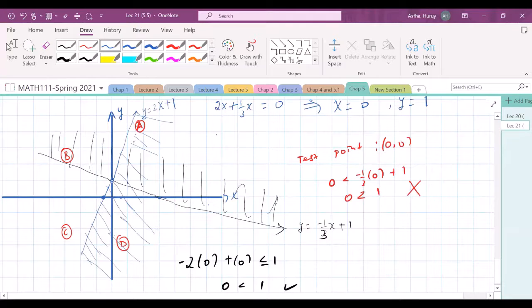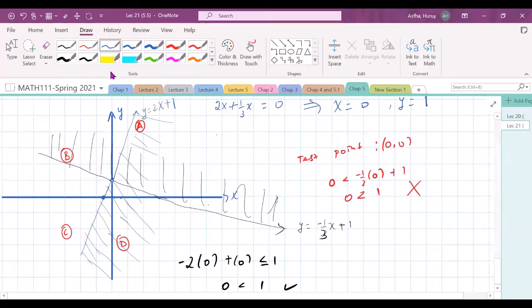Well, it's region A, because region A is a solution to this inequality, and again, region A is a solution to this one. We have B, which is a solution to only one of them. We have D, which is a solution to only one of them. C is not a solution to any of them. Therefore, the one which is a solution to both of them is the solution to the system.